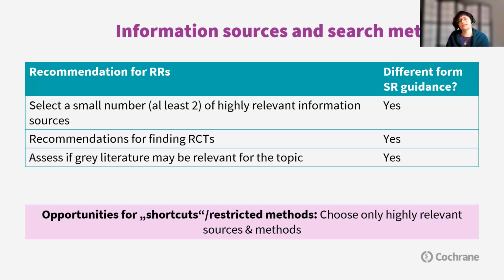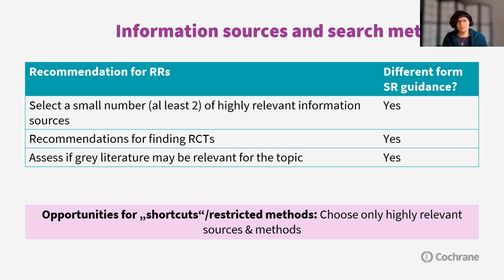In some cases, it might be acceptable to use one of these databases, most likely Medline, and combine it with an appropriate supplementary search method, for example, PubMed similar articles. We also recommend to assess if gray literature will be relevant to the topic based on the findings of the preliminary or scoping search.